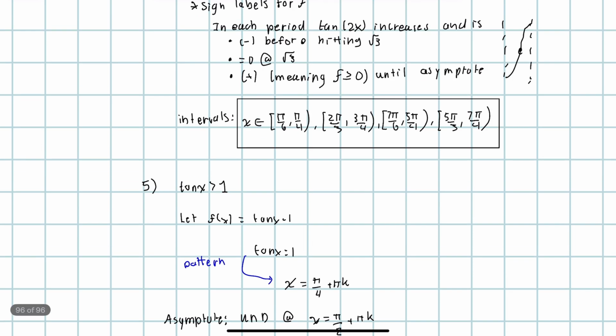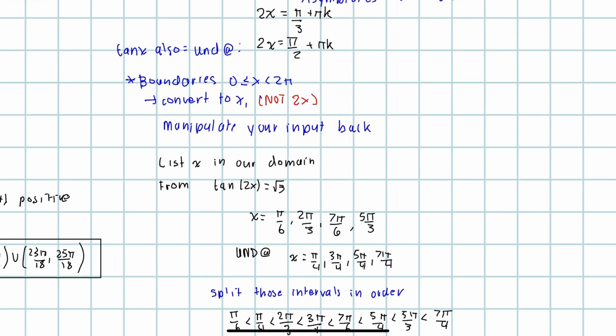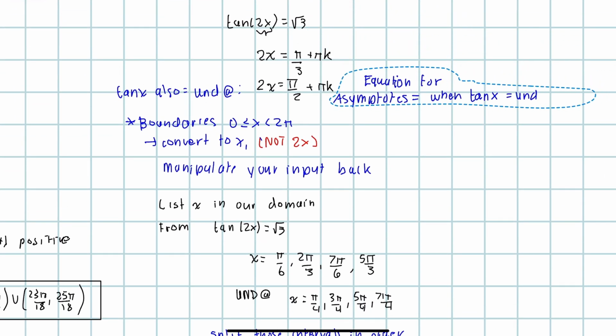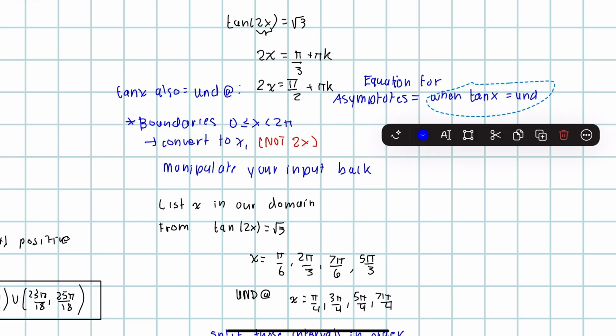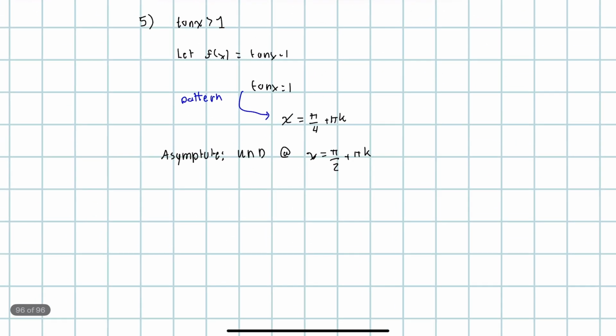This is the asymptote equation right here, when it's undefined. And this is the pattern for tan repeating. So that's the repetition.